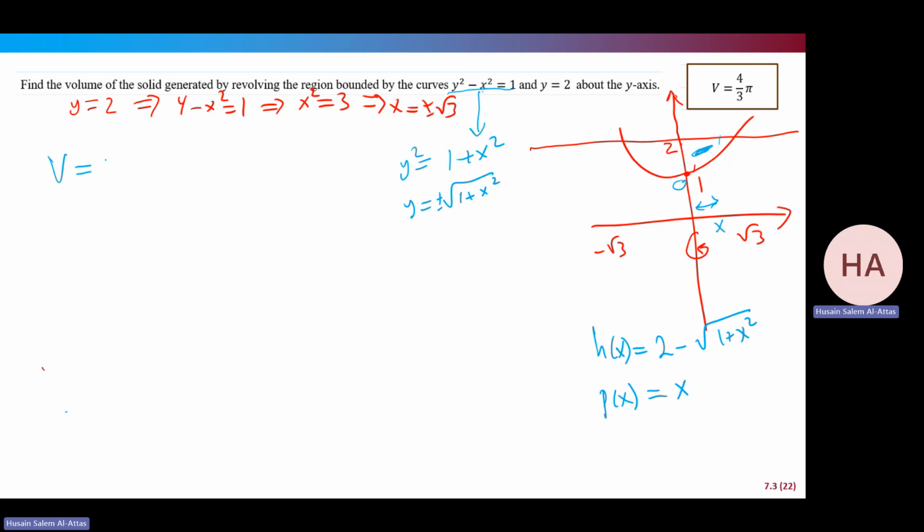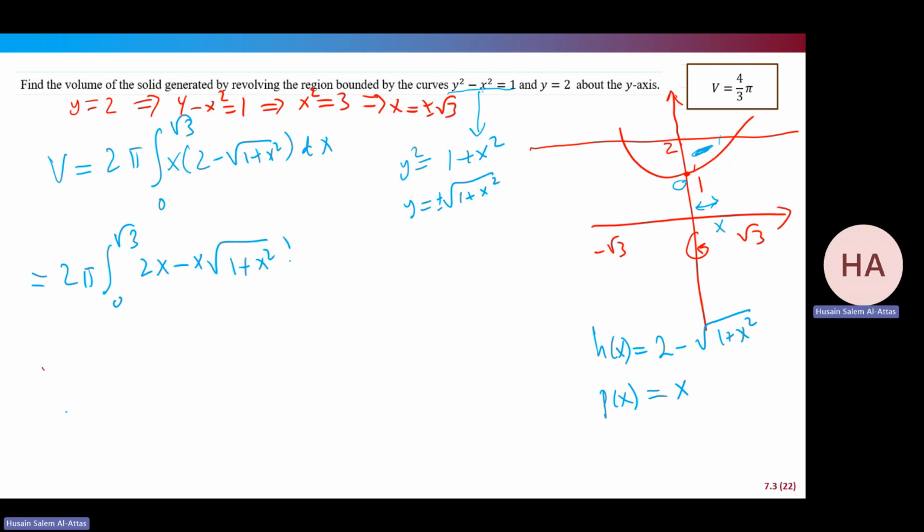So what will be the volume? It will be 2π times the integral from 0 to square root of 3 of the product of these two functions: 2 minus the square root of 1 plus x squared, times x dx. That gives me 2π times the integral from 0 to square root of 3 of 2x minus x times the square root of 1 plus x squared dx. Notice I made it from 0 to square root of 3.